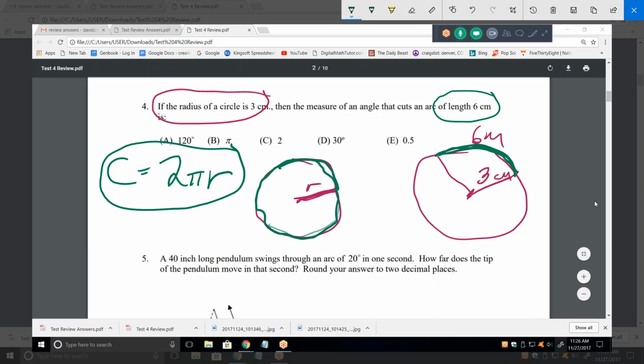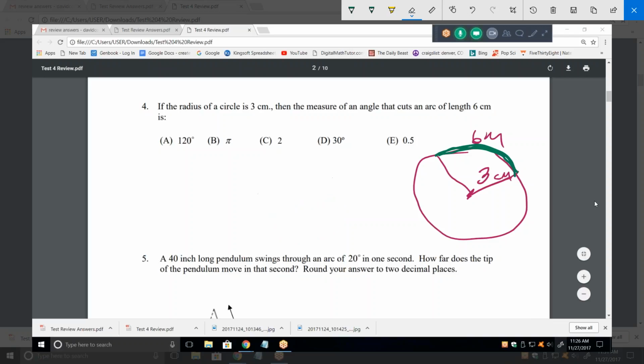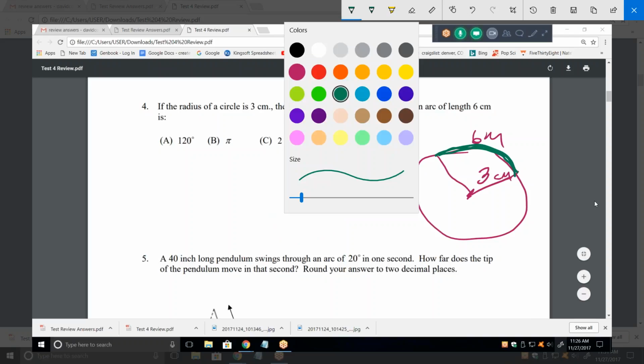I love it. Let's approach this problem differently. Just occurred to me how we should approach this problem. Could have solved it that way, incidentally, if we had an unlimited amount of time. But there's something more fundamental at play here that they're looking for. I didn't see it at first.